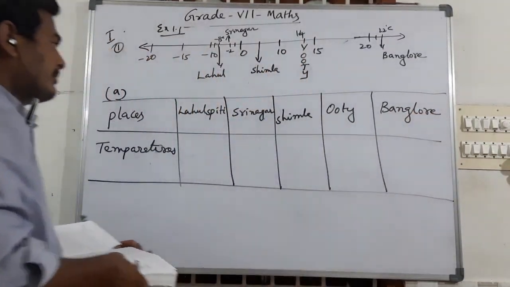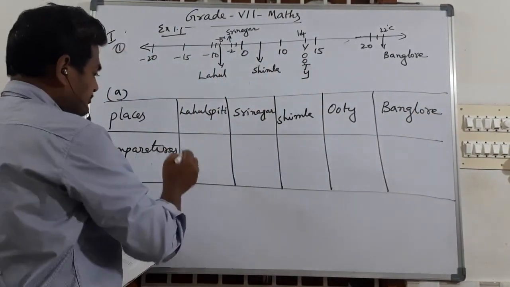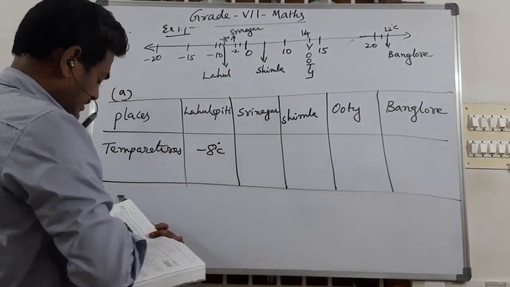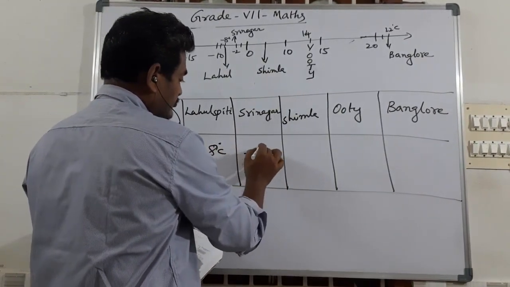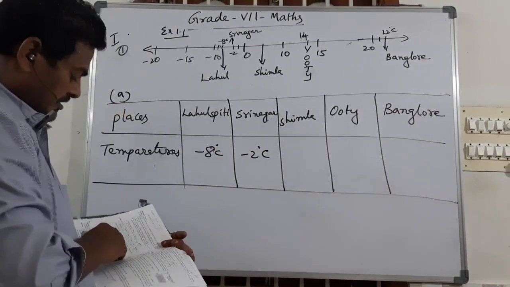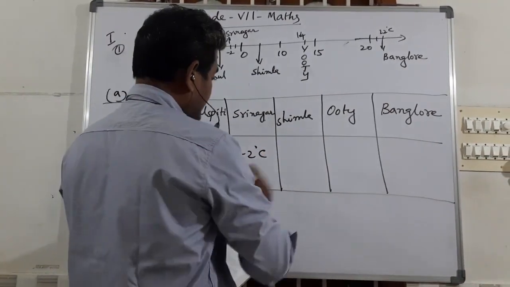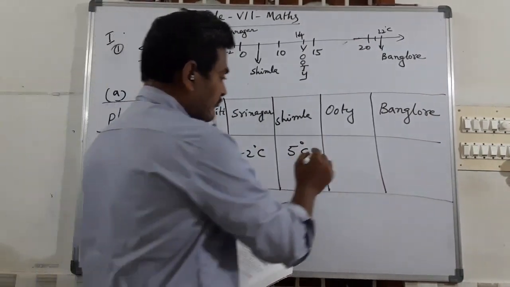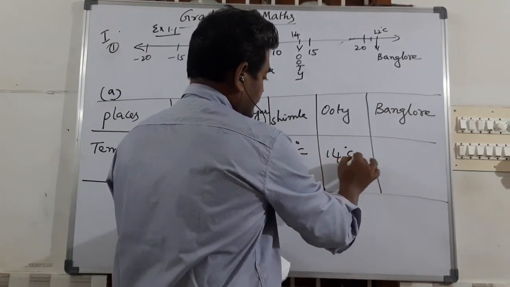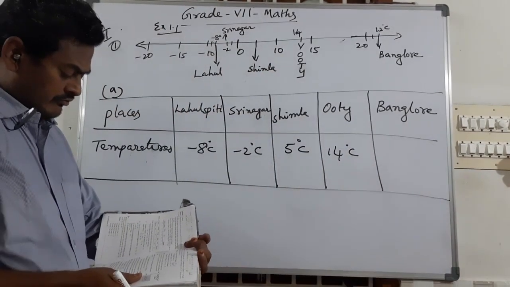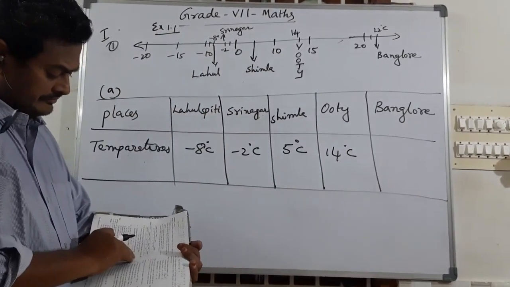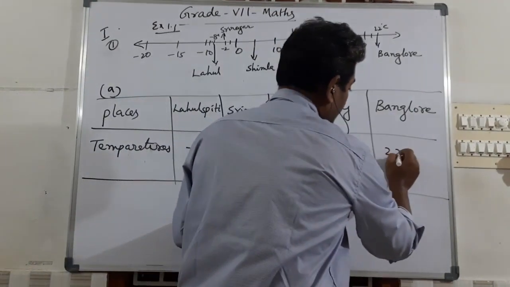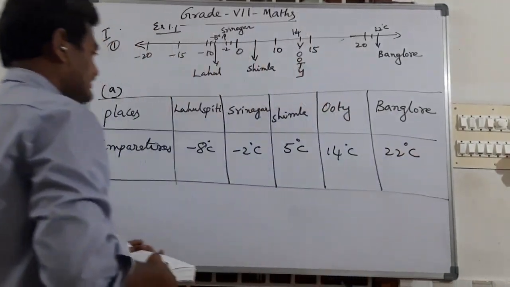So here Lahul Spiti is minus 8 degrees centigrade, Srinagar minus 2 degrees centigrade, Shimla 5 degrees centigrade, Ooty 14 degrees Celsius, and Bangalore 22 degrees Celsius.